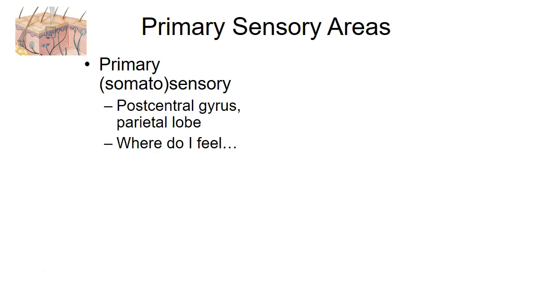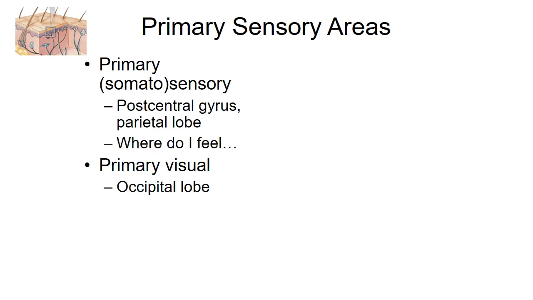The postcentral gyrus, which is what we're talking about here, is going to be in the parietal lobe, okay? All right, so our primary sensory area, we call the primary sensory or primary somatosensory cortex, okay?